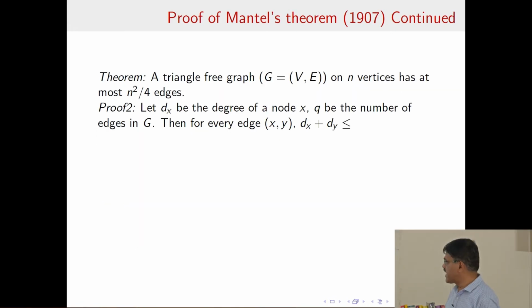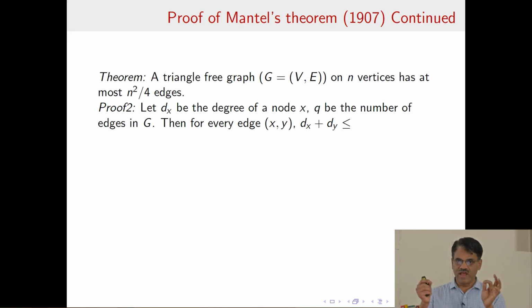Suppose dx is the degree of a node x, then what can you say about dx plus dy, if xy is an edge? We already saw this actually. Dx plus dy can be at most how many? Triangle free. Remember, we are using the fact that this is triangle free and xy is an edge.